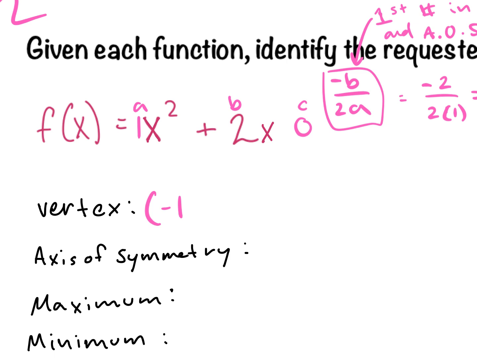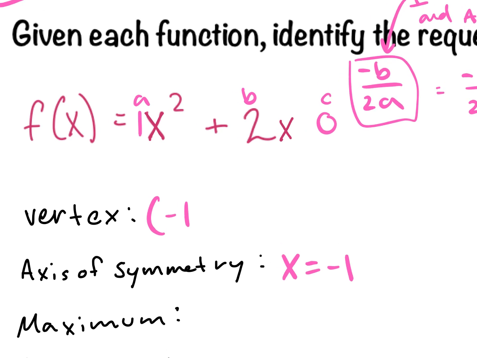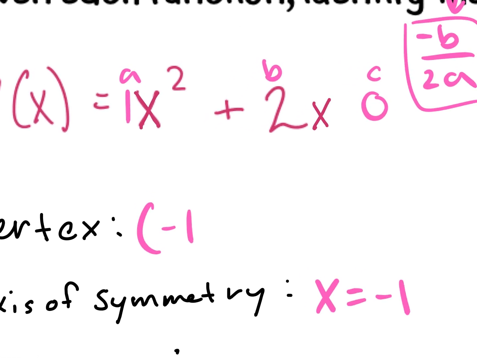Nope. Axis of symmetry is a line. X equals negative 1. Perfect. Don't forget the x equals when you're naming your axis of symmetry. How do I find the second number in my vertex? Plug it in. We take the first number that we got, negative 1, and we plug it into the x's. So I have negative 1 squared plus 2 times negative 1.